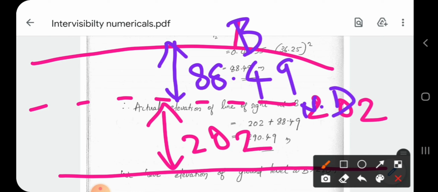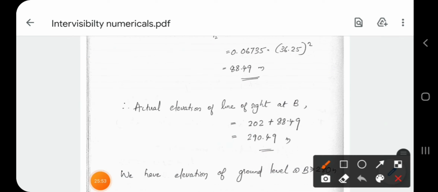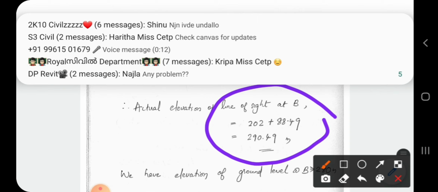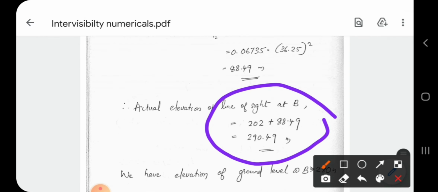So the actual elevation from the mean sea level or the actual datum will be the sum of these two. Okay, the actual elevation of line of sight at B from the actual datum will be 290.49, that is the line of sight elevation.